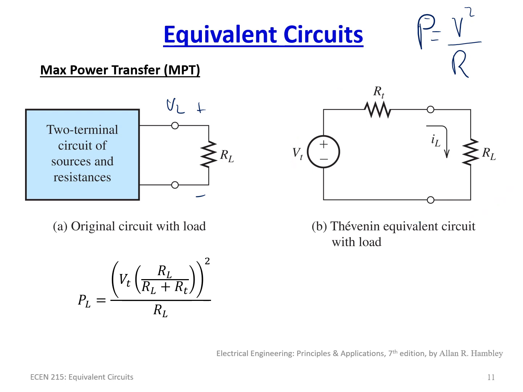So that's that. If you go through and take the maximum, if you look at this and find where it peaks, it ends up occurring where RL and RT happen to be the same. So you will transfer the maximum amount of power in RL when RL is equal to RT. This is an important one to remember.